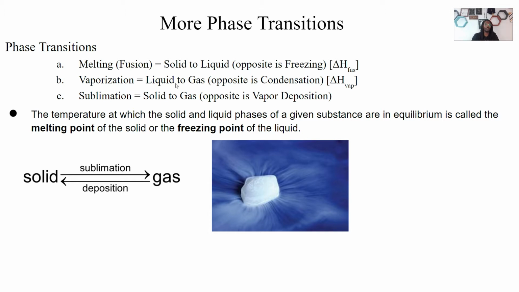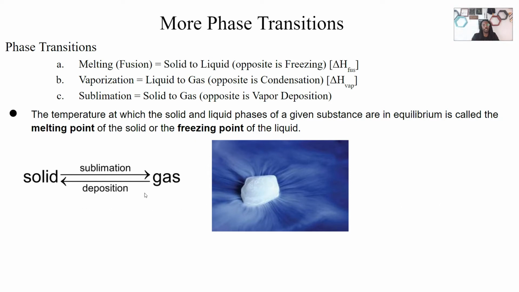So we talked about the transitions. The temperature at which the solid and liquid phases of a given substance are in equilibrium is the point. That's the actual point. So you're going to have the melting point of a solid, when it's going from solid to liquid, or you're going to have a freezing point of the liquid when it's going from liquid to solid.